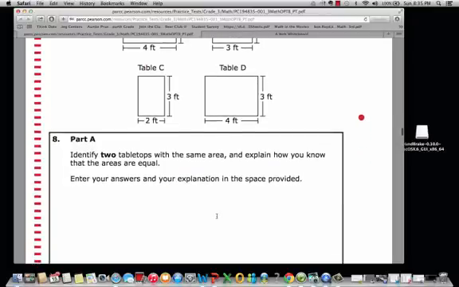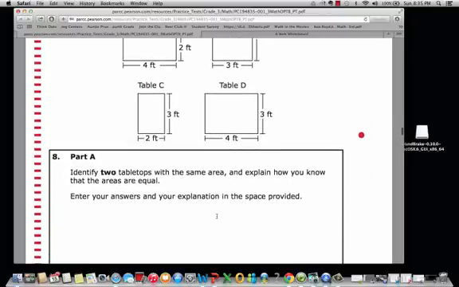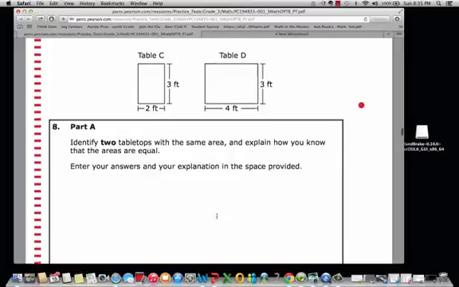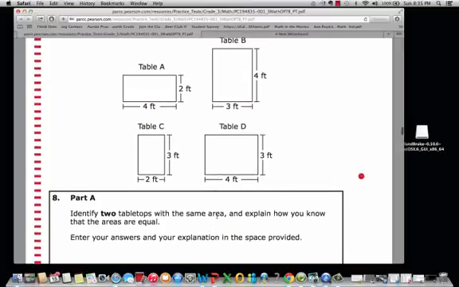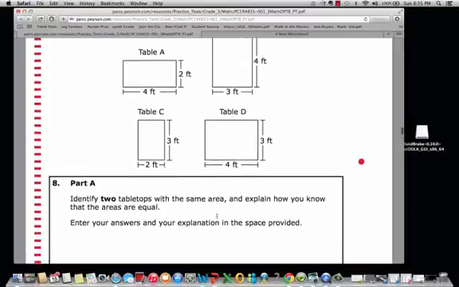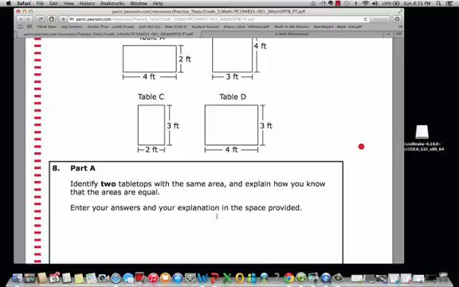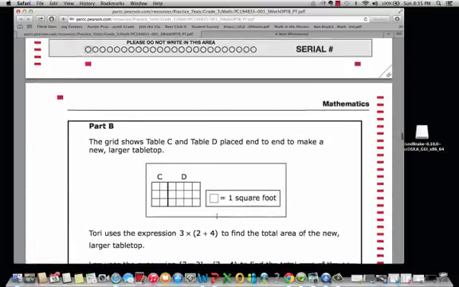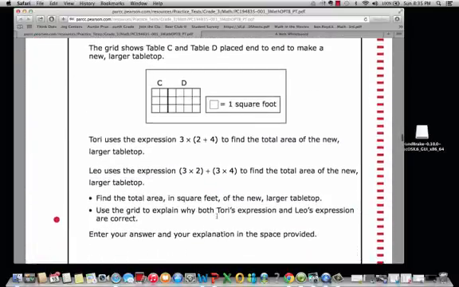And you could have justified that by saying 4 times 3 is the same thing as 3 times 4. You could have said that they were turnaround facts. You could have used the commutative property. However you wanted to justify that 3 times 4 is the same thing as 4 times 3. Okay. This one was a little bit trickier because in your explanations, many of you did not explain why both Tori and Leo were right.